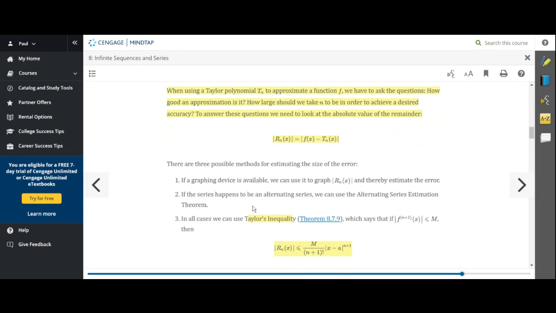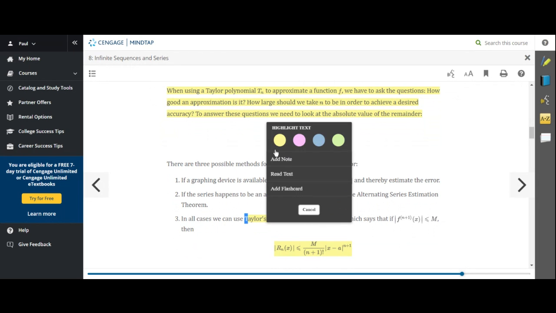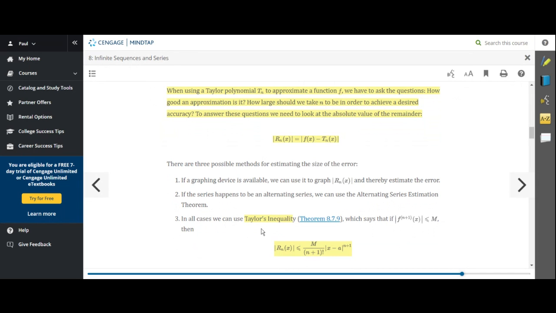Taylor's inequality. And Taylor's inequality is given in the formula sheet in your course content under section 8.7 that you can download, that handout. So this is the Taylor inequality right here.